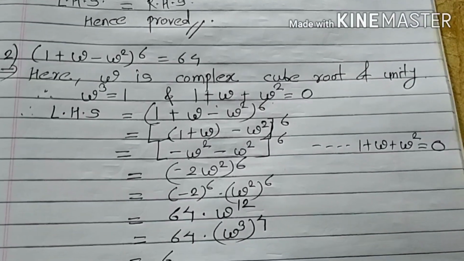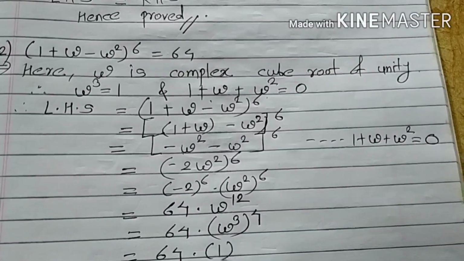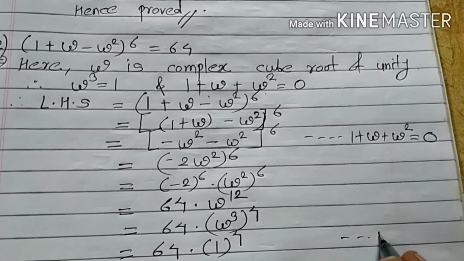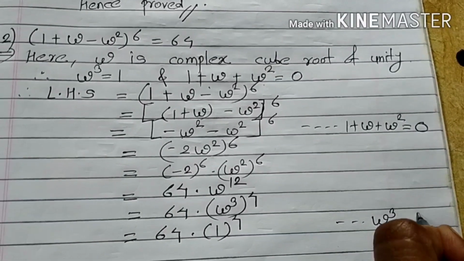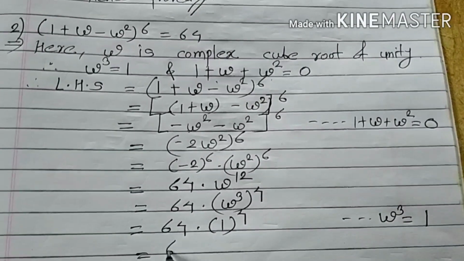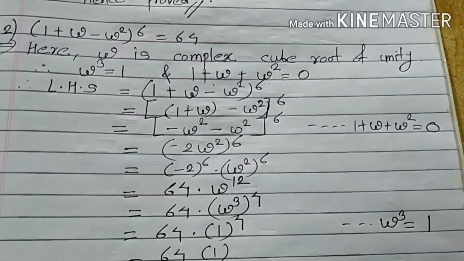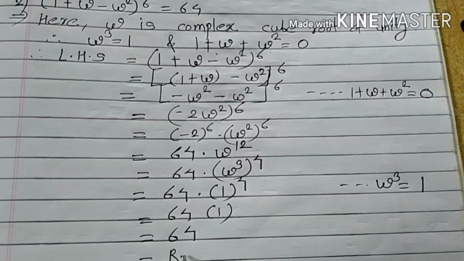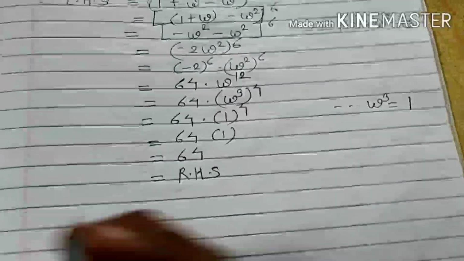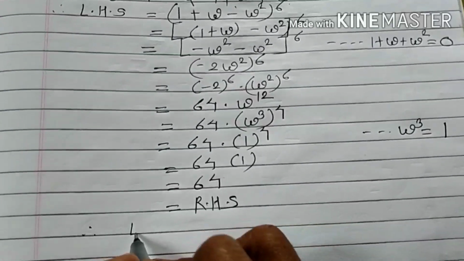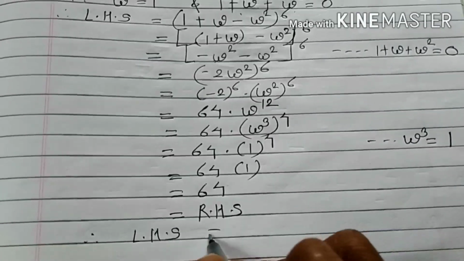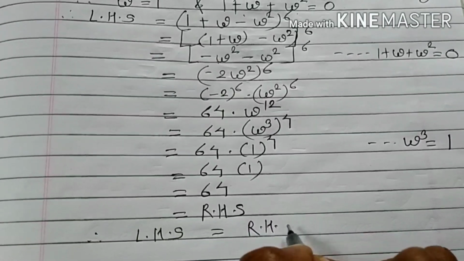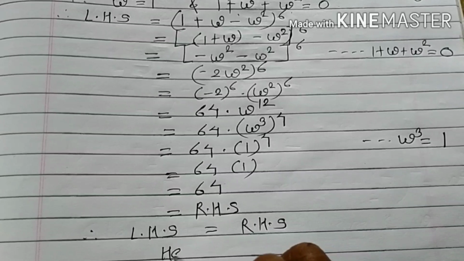But we know that omega cube is 1, so 1 raised to 4. You can write here omega cube is equal to 1. Therefore 64 into 1, which is equal to 64. So it is RHS. Therefore LHS is equal to RHS. Hence proved.